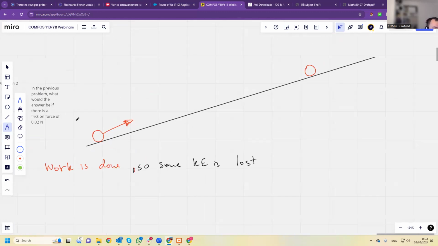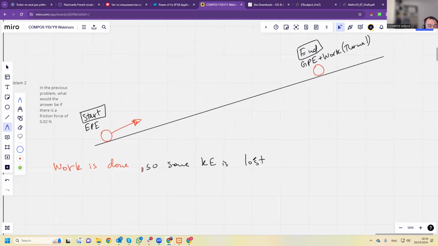At the start, we have elastic potential energy, and at the end, we have gravitational potential energy plus the work done, which is heat, converted into thermal. So that's what we need to work out.